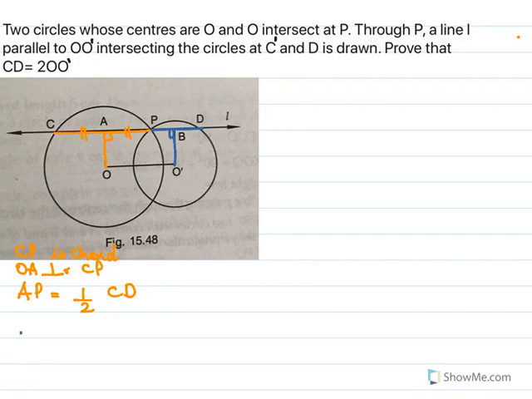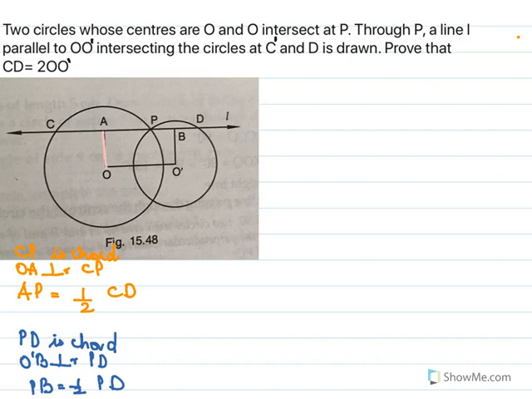So we have PD as a chord, and O dash B is perpendicular to PD, which means it cuts it into two equal parts. So PB is half of PD. This is the first part.